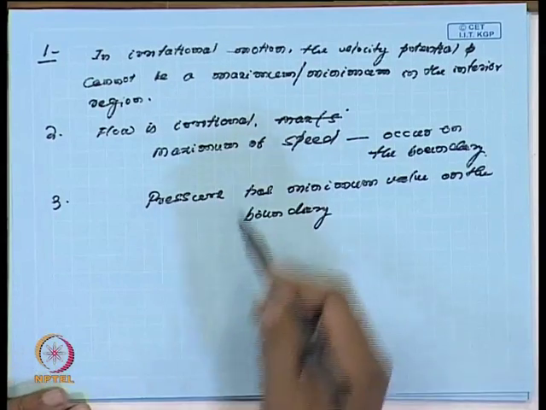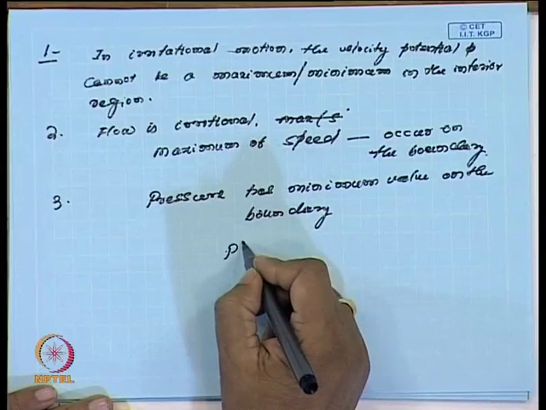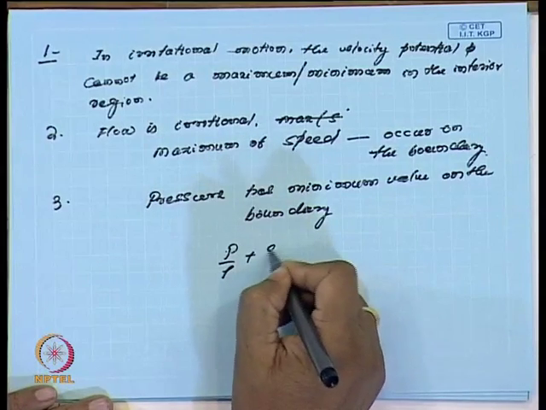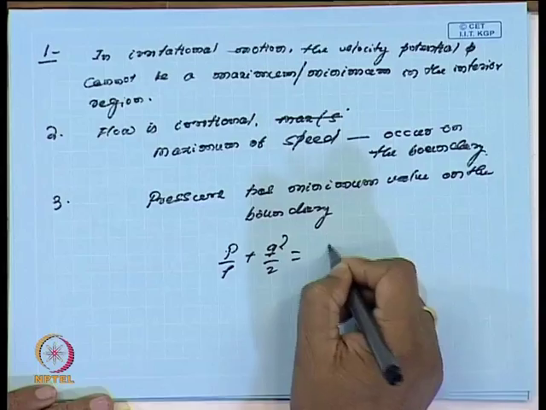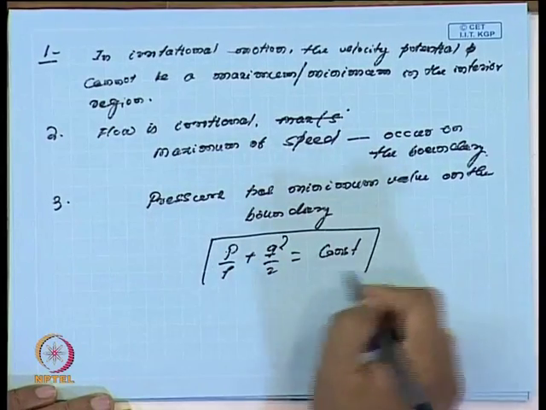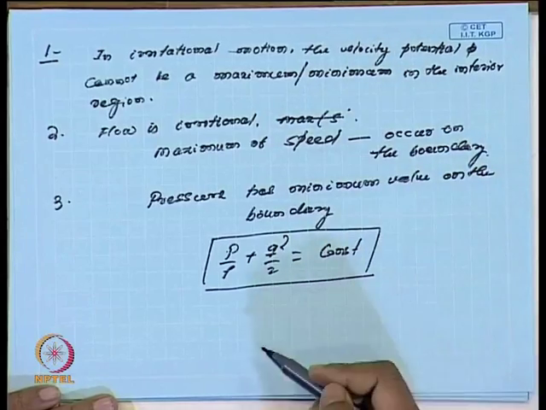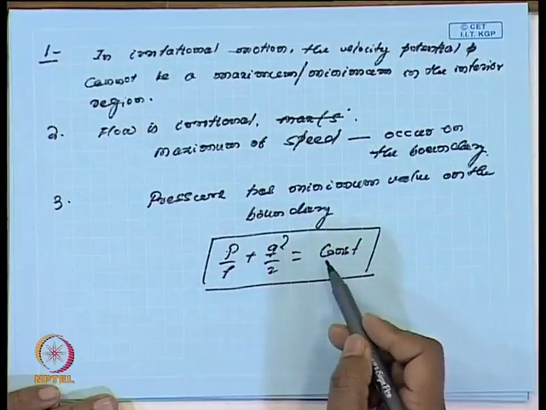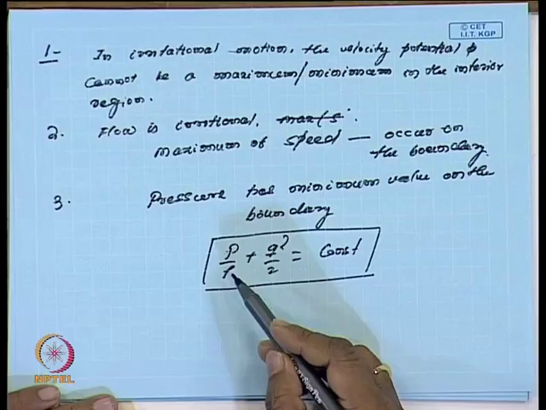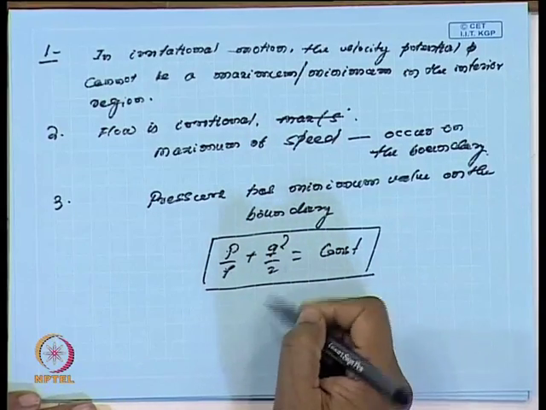Of course, this follows from the second, because we know that if the body forces are neglected, then P by rho plus Q square by 2 is equal to constant, when the motion is irrotational and steady. So if the speed is maximum, because P by rho plus Q square by 2 is constant, automatically the pressure has to be minimum.